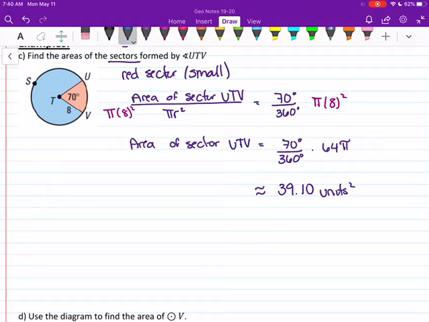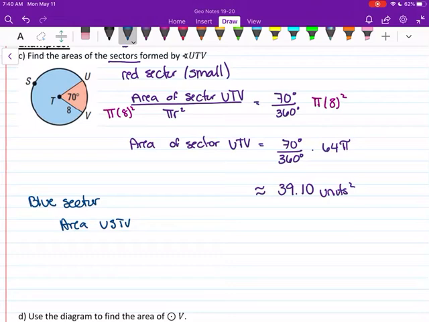Okay, so now let's do the blue sector. The blue sector is larger, so I want the area of the larger sector. I could also call it sector USTV.